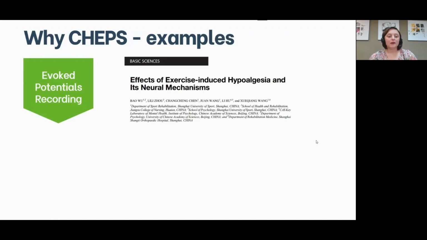So let's look at some examples. This is one recent example of the use of evoked potentials recording with the Qsens thermode. In this case, this group from China wanted to assess the exercise-induced hypoalgesia, and they looked at the N2P2 amplitude, and they demonstrated the reduction of it by the exercise-induced hypoalgesia. So in addition to just subjective pain reporting, they saw it also on the amplitude recorded by EEG.